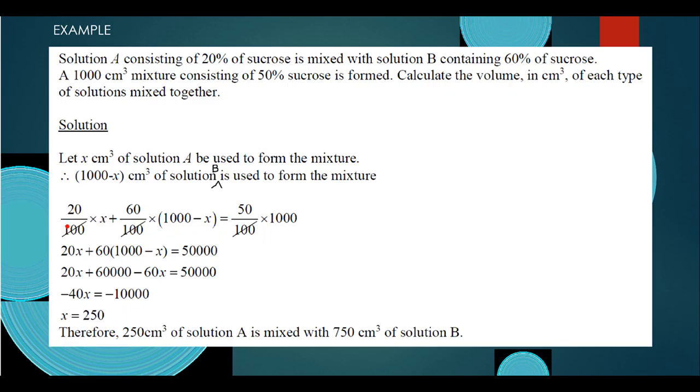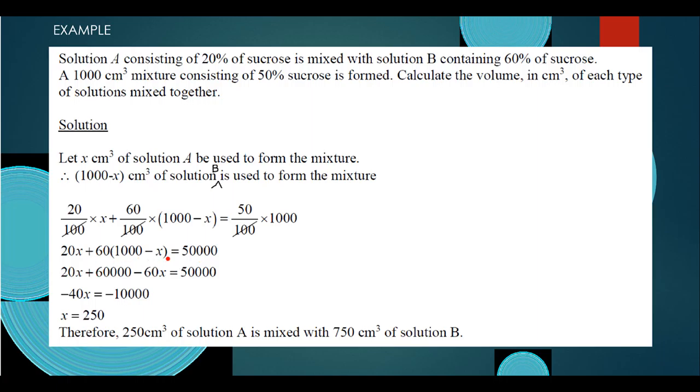I times 100 on both sides of this equation. So when I times 100, I cancel away the denominators. So you get 20 times x, which is 20x, 60 times this bracket, giving you this term, equals 50 times 1000, which is 50,000.